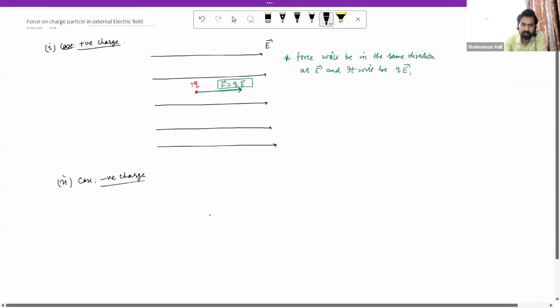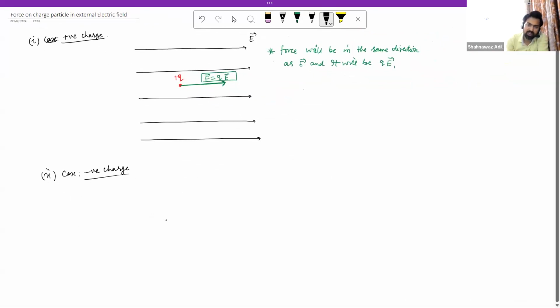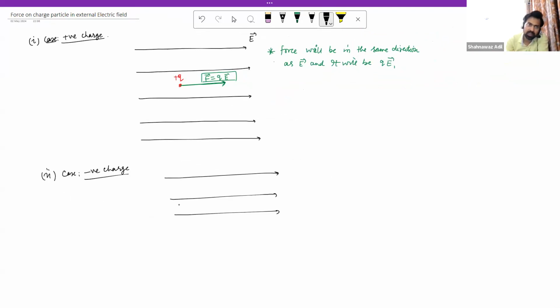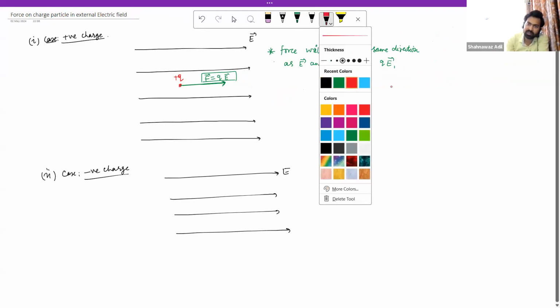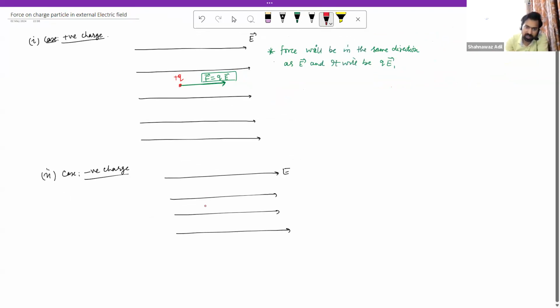So we have this electric field, right? And this is the electric field, and some negative charge is placed.